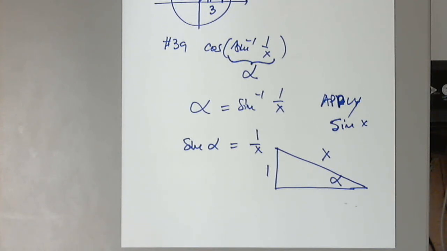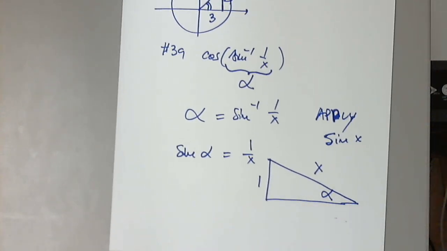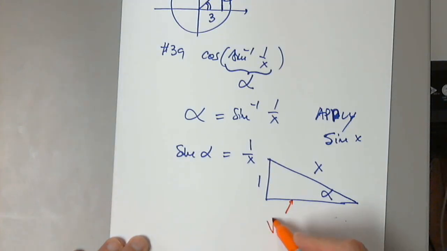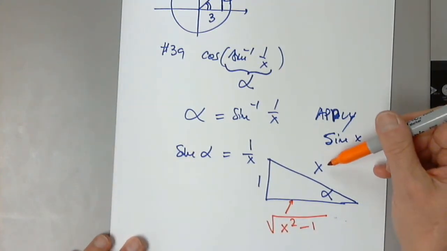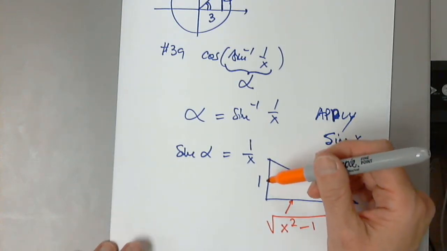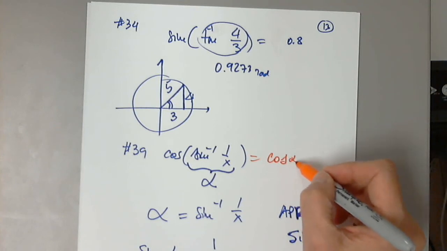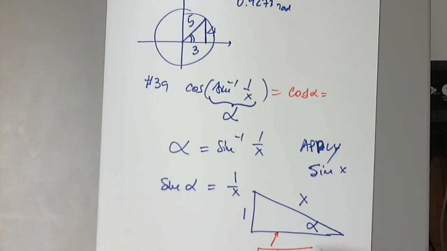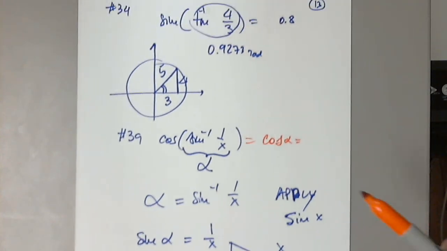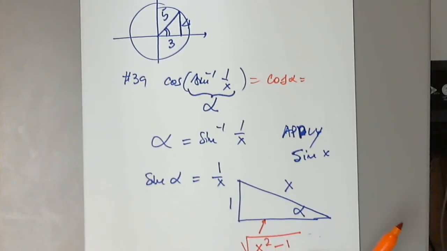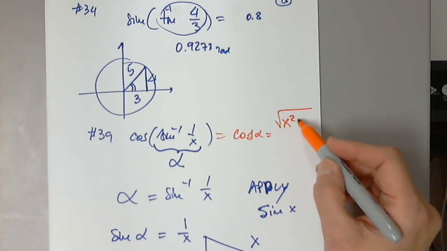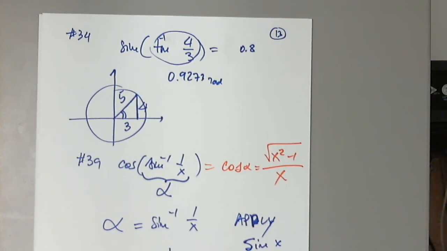Can anyone give us the measure of the other leg? Hypotenuse squared minus the other leg squared. What I am really asked to find is cosine alpha. Can anyone tell us how much is cosine alpha? Square root of x squared minus 1, over x. Excellent. This is it. That's it.